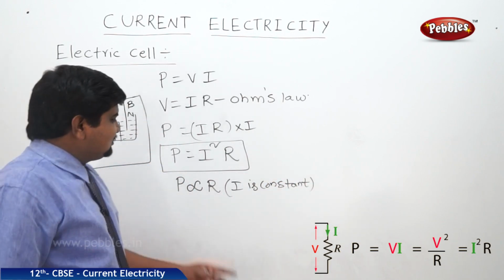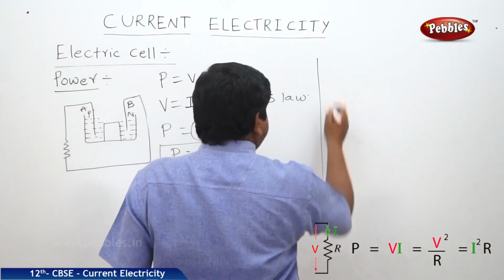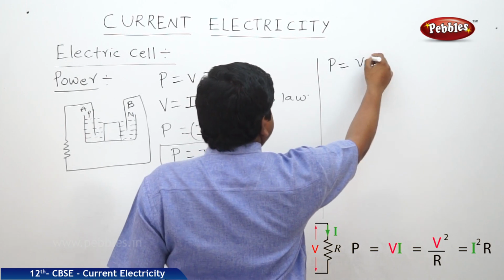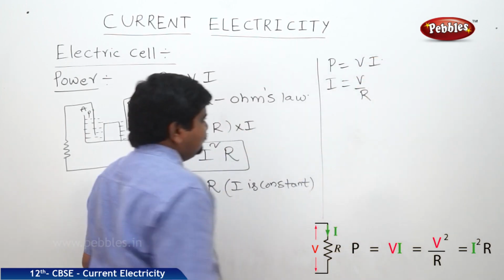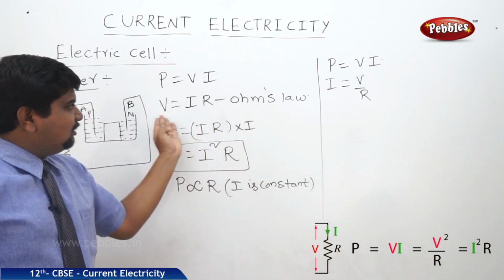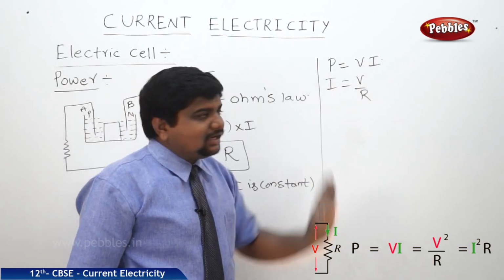And we will see the relationship of P and R with respect to the voltage also. Again we are saying P is equal to VI. We know that I is equal to V by R, one of the forms of Ohm's law, V is equal to IR. Let me substitute this I is equal to V by R in this equation.